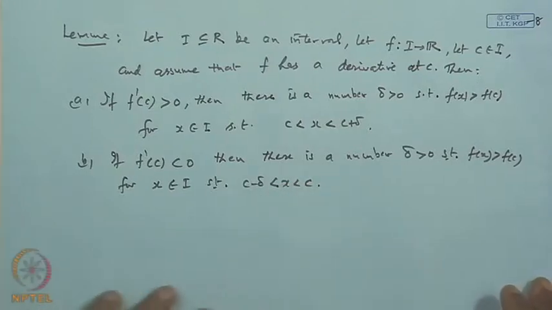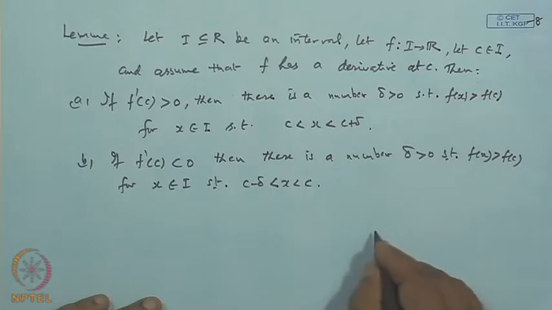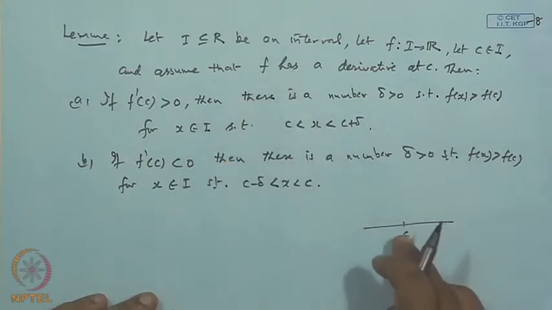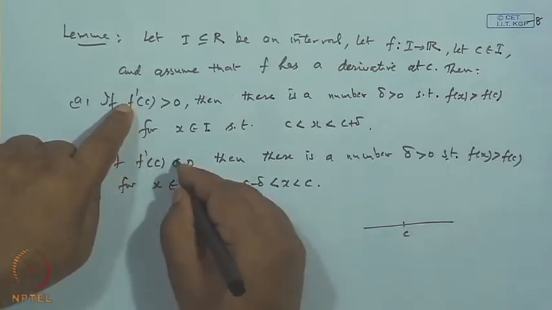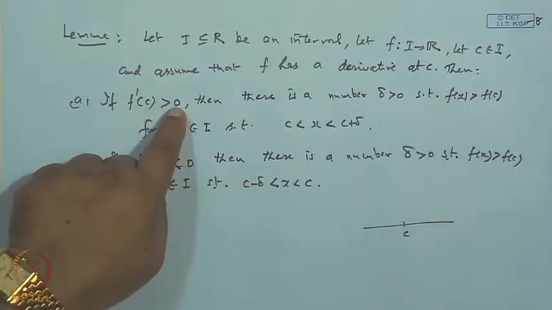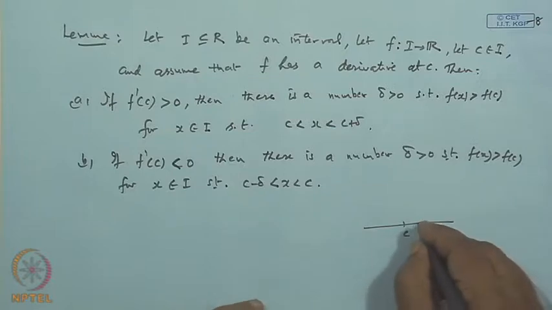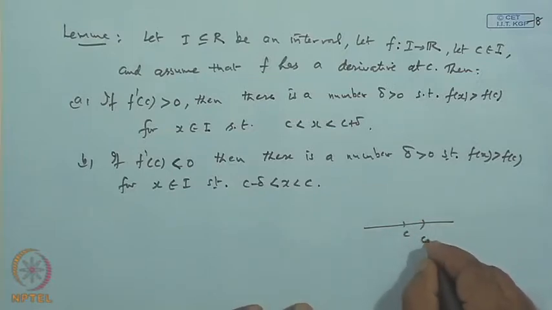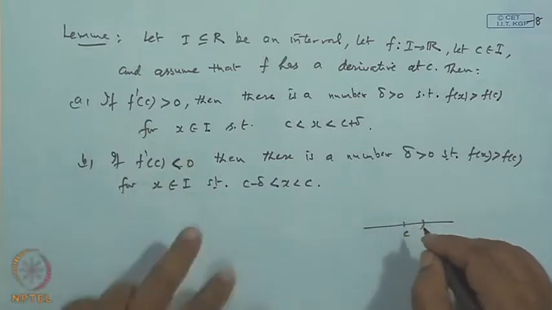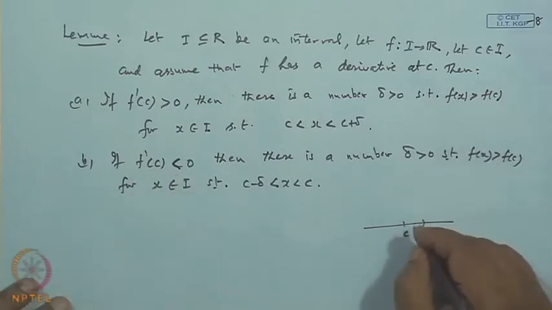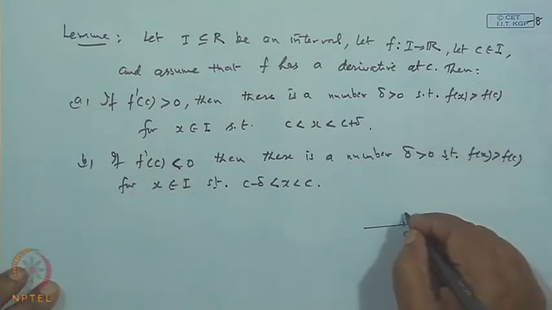So, what it says is, suppose f is a function and I is an interval, c is a point belonging to this interval, and the function has a derivative at this point. Now, if the derivative is strictly greater than 0, then we can always find a right hand side neighborhood of this c, where the function f(x) will always be greater than the value at the point c.